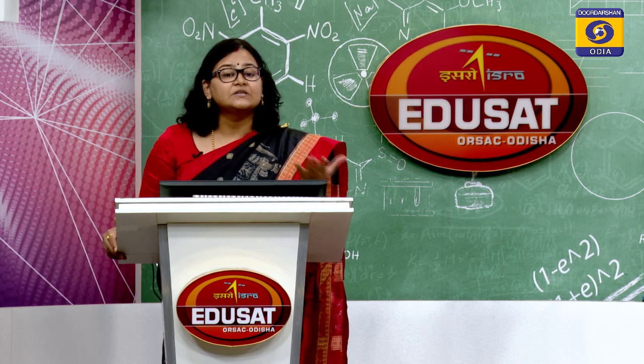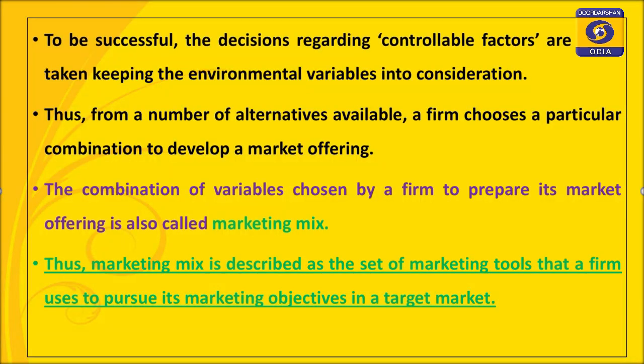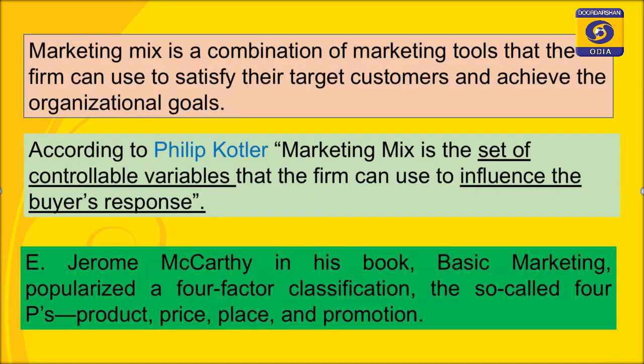So thus we can say that marketing mix is described as a set of marketing tools that a firm uses to pursue its marketing objectives in a target market. What is the marketing objective? To satisfy the needs and demands of the customers. So we can say that marketing mix is a combination of marketing tools that the firm can use to satisfy their target customers and achieve the organizational goals.